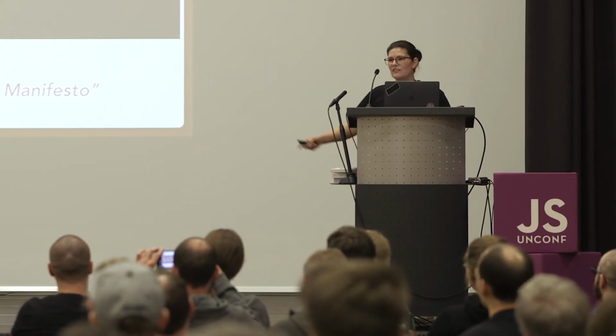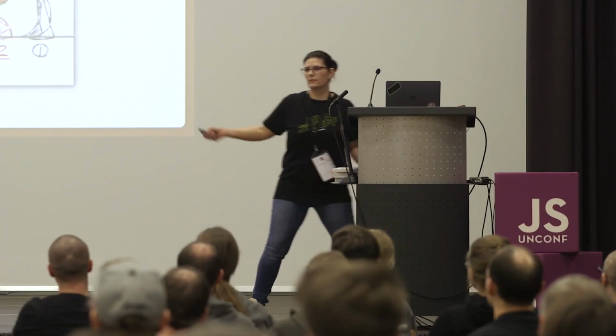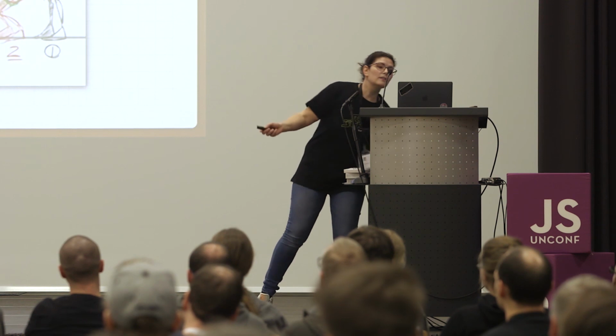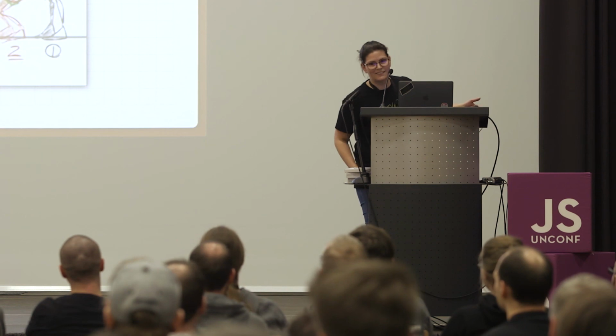Or what I just did was a transformation, going from the left side to the right side. And you need a minimum of 2 poses and 1 tween. A tween is all the movement between 2 poses. Like this here. Or if I do this, my last pose is this. But how did I get there? Maybe like this? Or maybe like that?